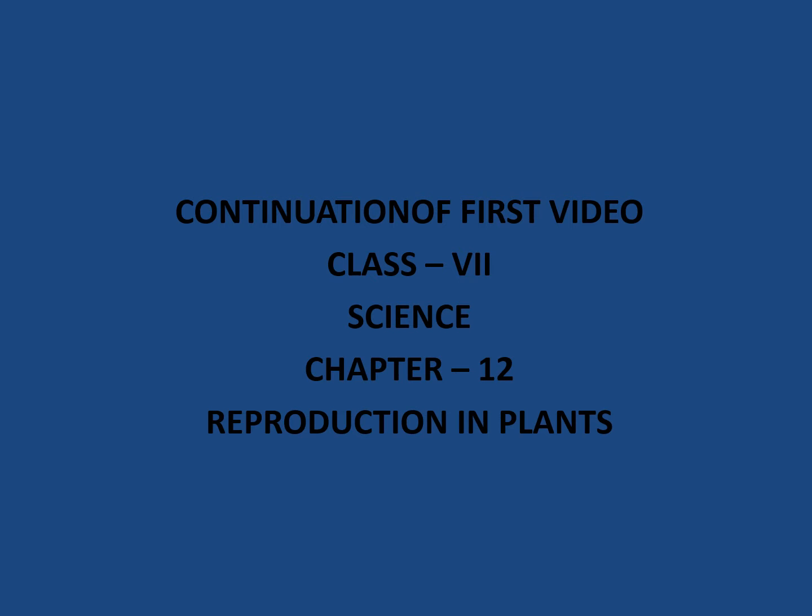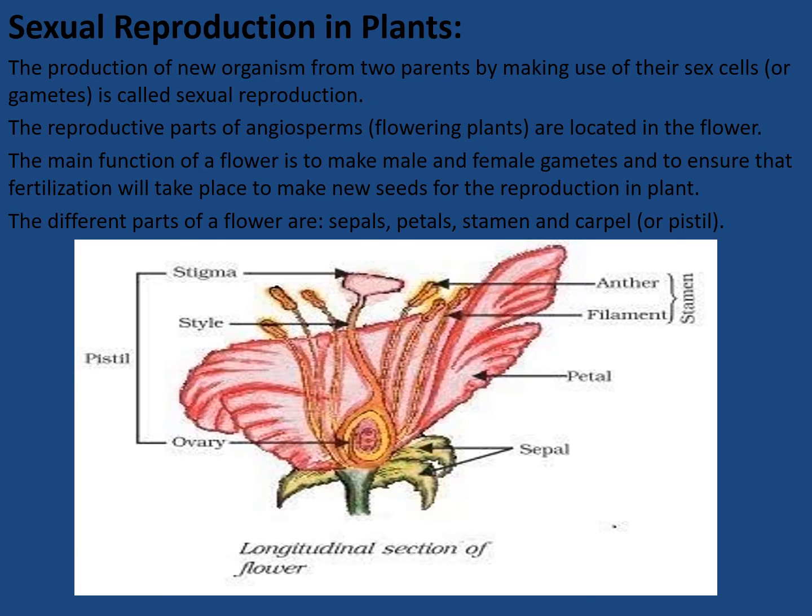Now see, what is this sexual reproduction? Look here. The sexual reproduction is the production of a new organism from two parents. That means sexual reproduction needs two parents, making use of their sex cells, that is gametes.